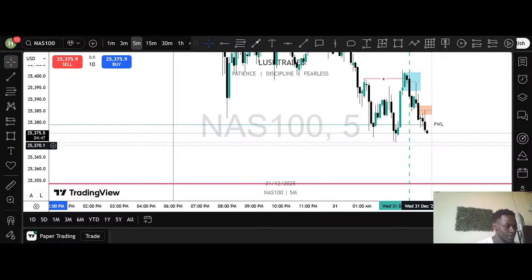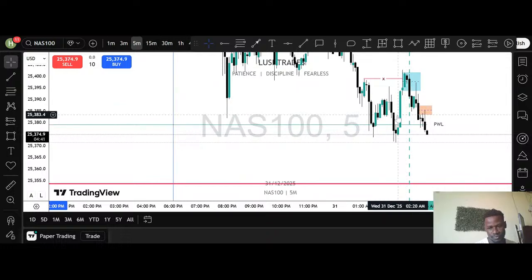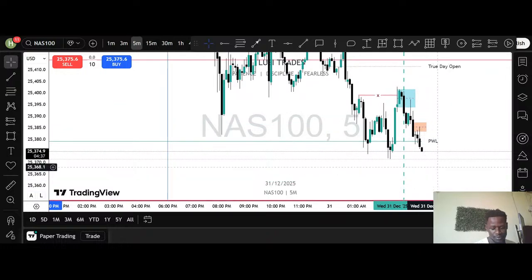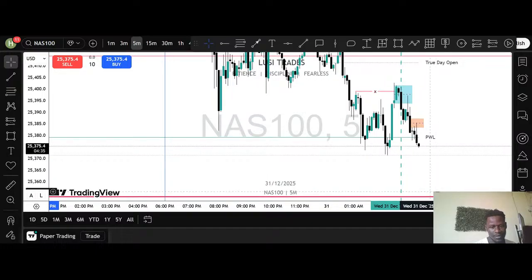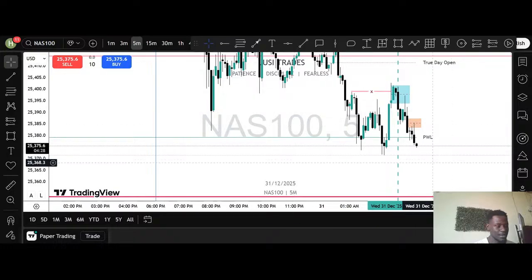Okay, so we've gotten a close below this, so we want to see it run below this and fill this new week opening gap that we highlighted, that we've been watching from Monday.